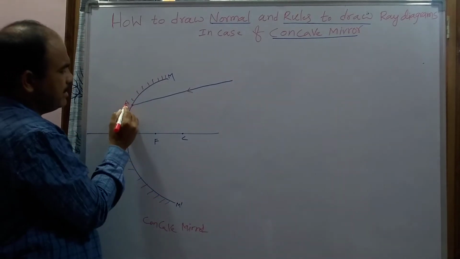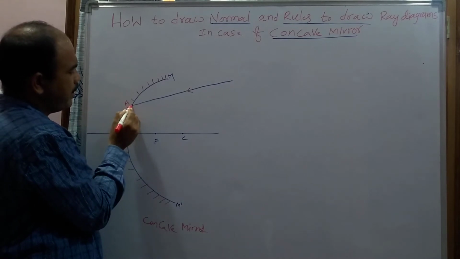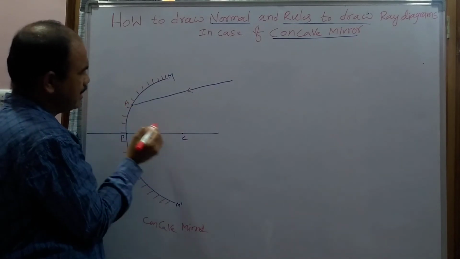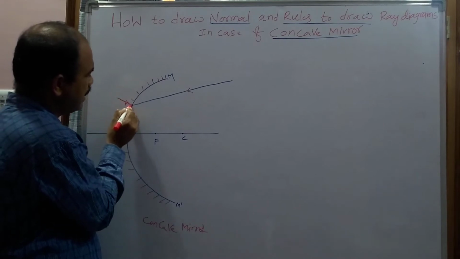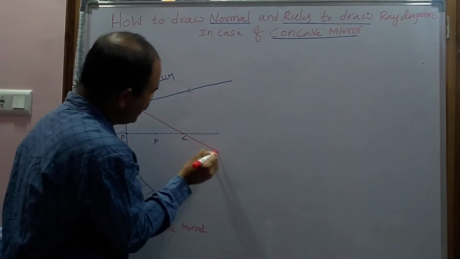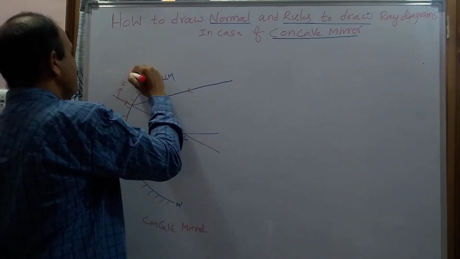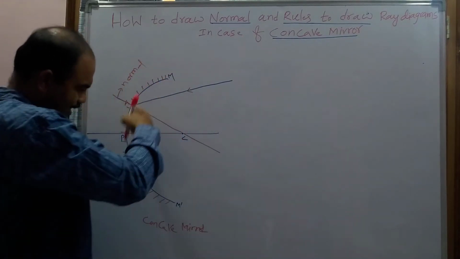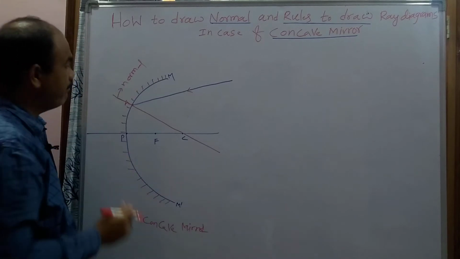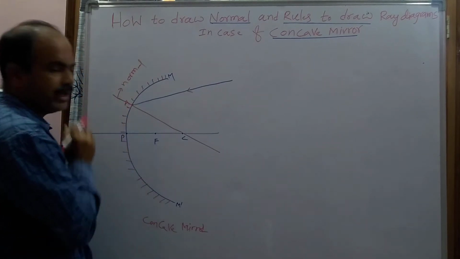The point of incidence is A. Simply join the point of incidence and the center of curvature with the help of a scale. That will be called the normal. This is the normal for this mirror at point A.